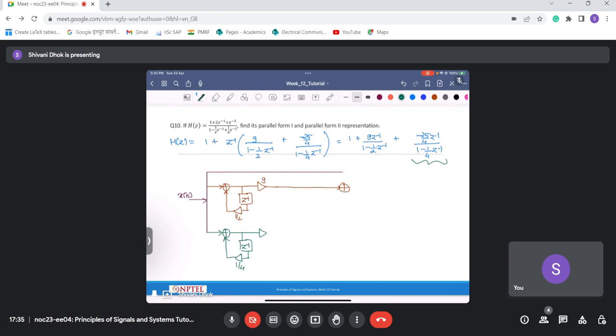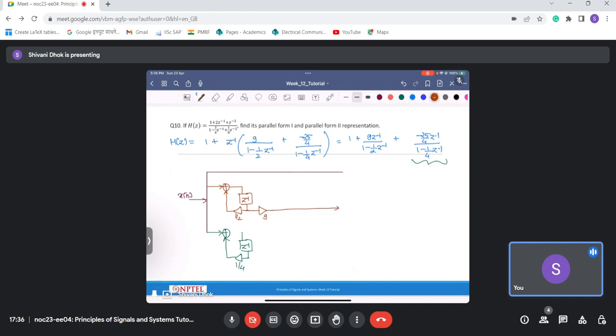Madam, I feel that there is a mistake above: the amplifier 9, it is 9 of z^-1, right? Oh, sorry, it should be below. Yeah, thank you.